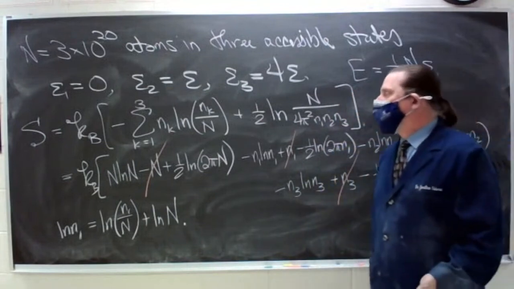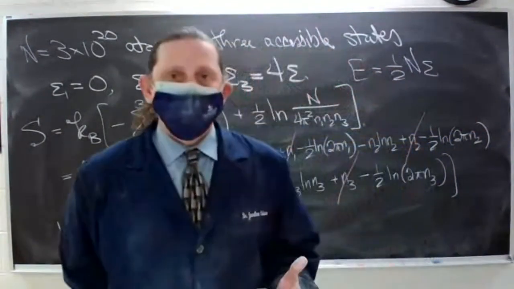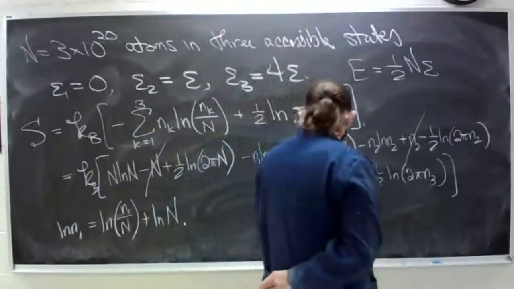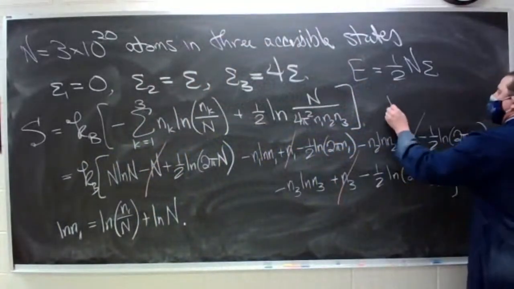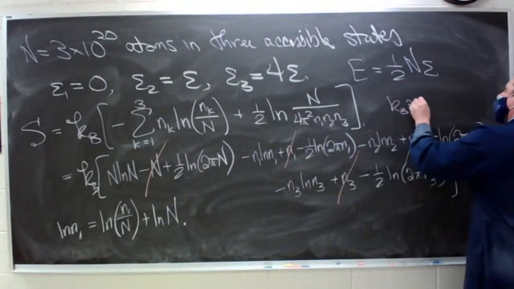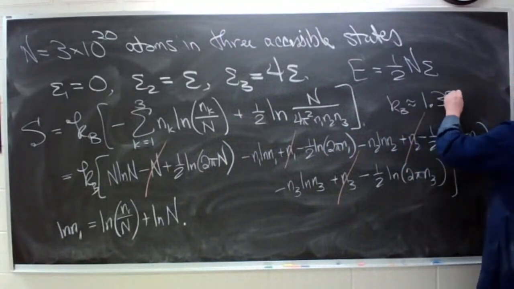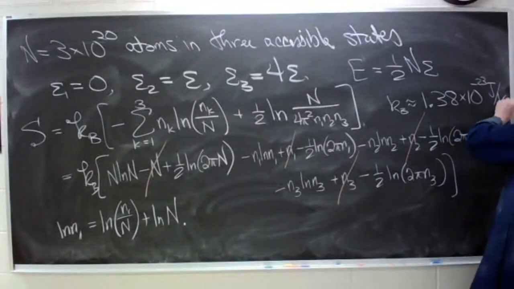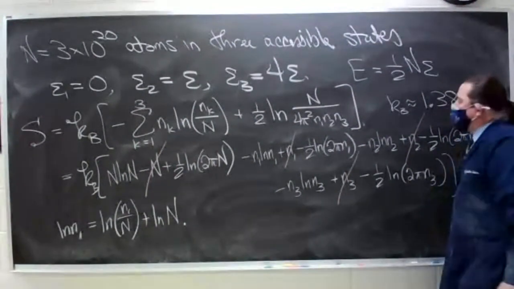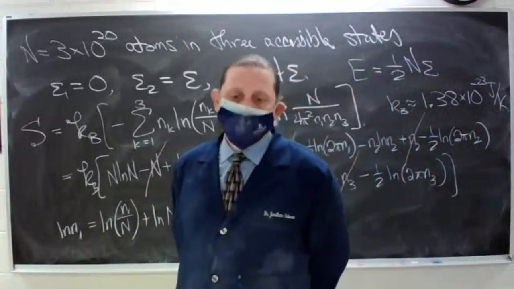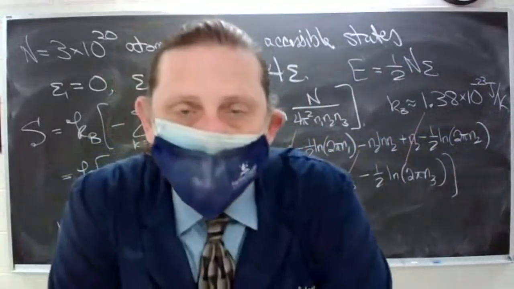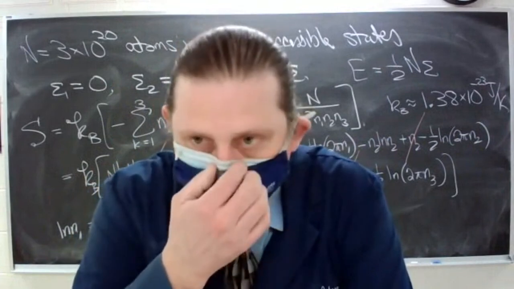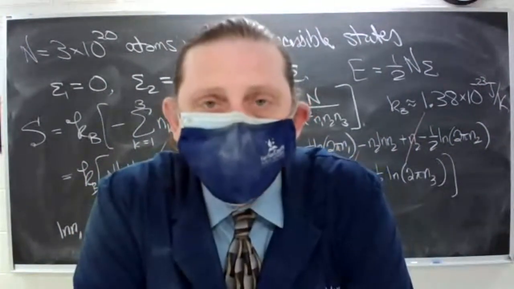Now, we know k Boltzmann. We're just going to use k Boltzmann, which is about 1.38 times 10 to the minus 23rd joules per Kelvin. You could use more digits.